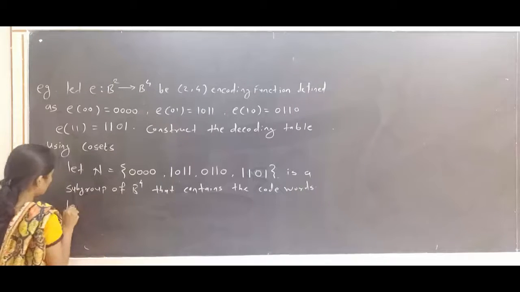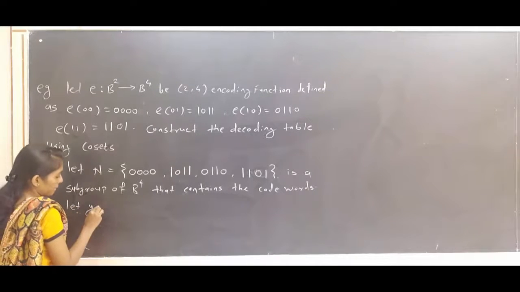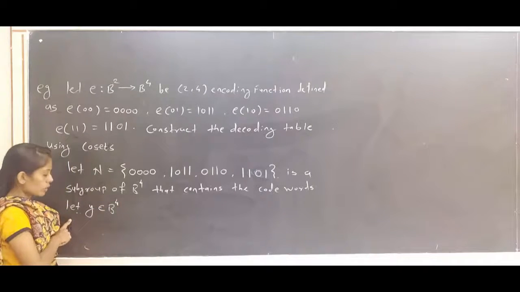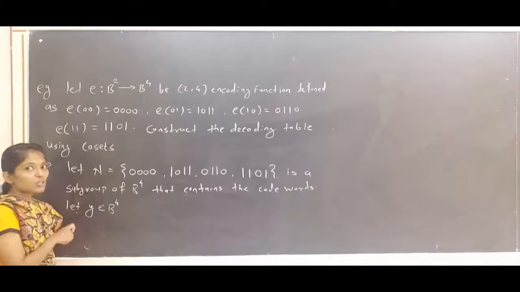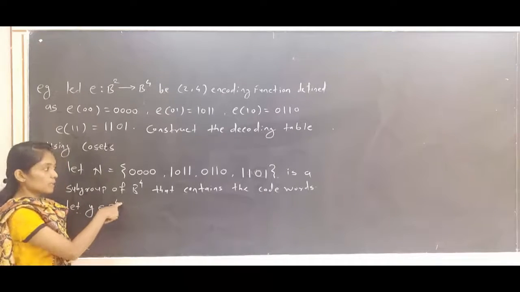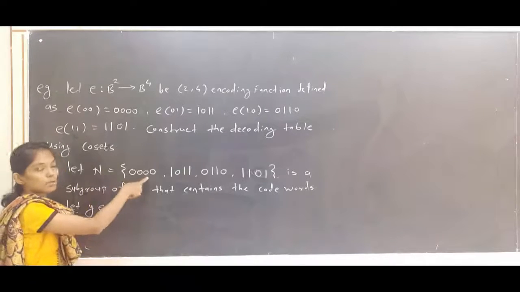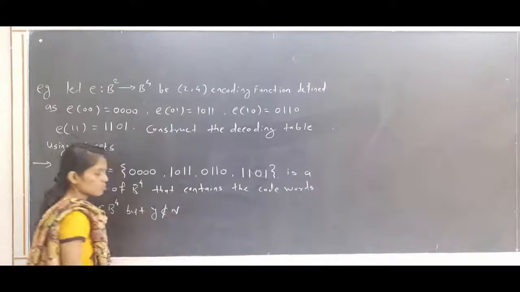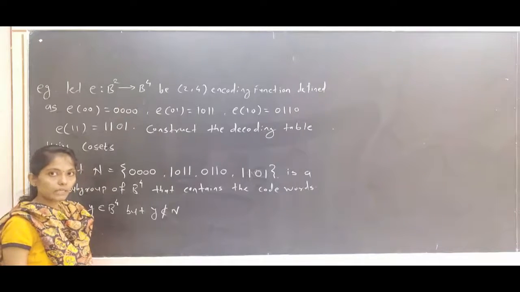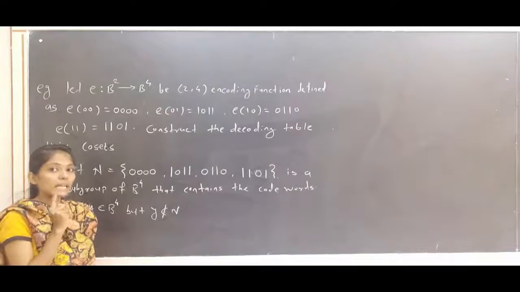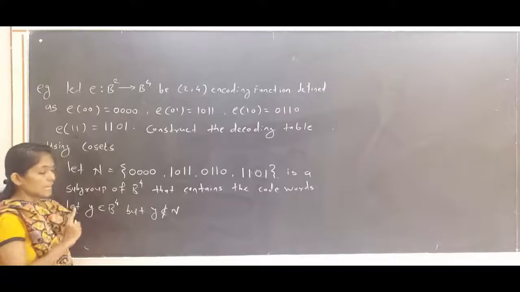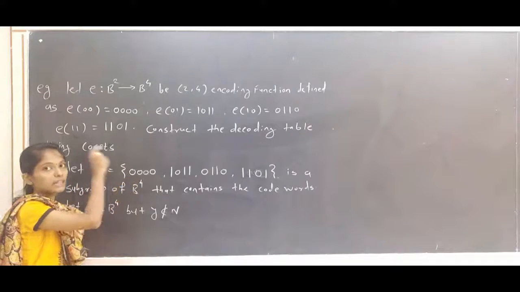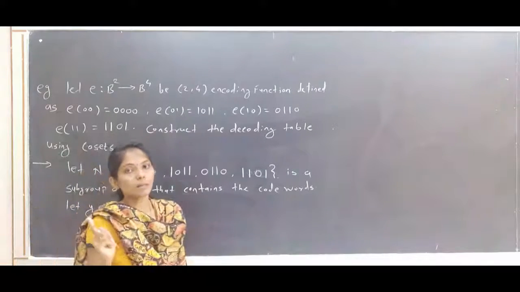So here let y belong to B⁴. Here we want to select y such that y belongs to B⁴ but y does not belong to N, and whose weight is minimum.